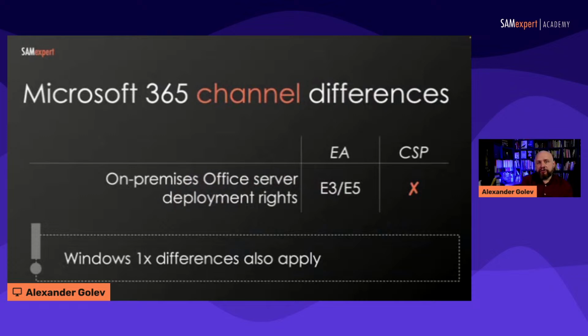There are channel differences. Licenses for Microsoft 365 E3 and E5 give you on-premises Office server deployment rights.